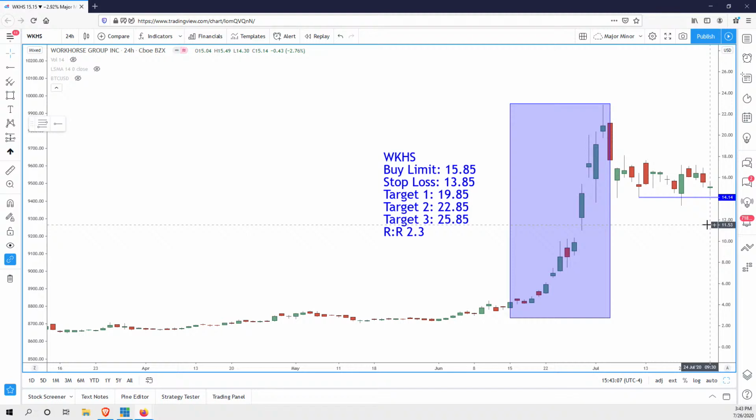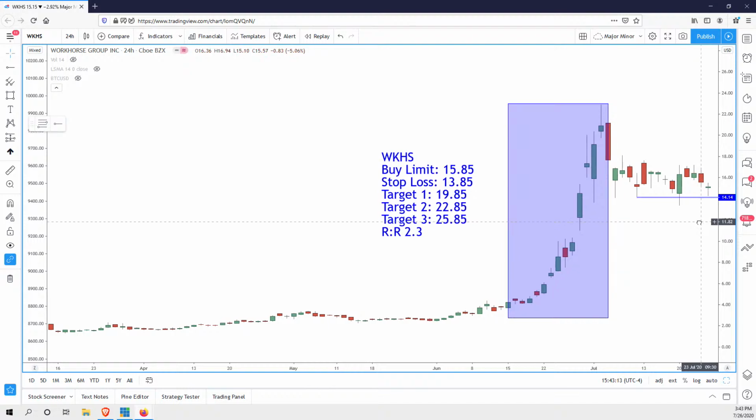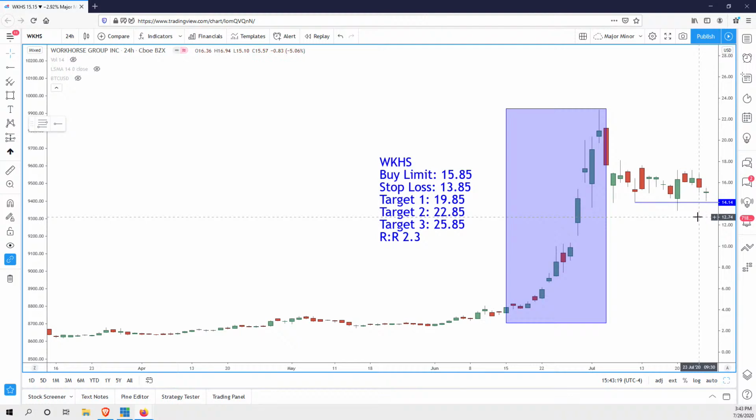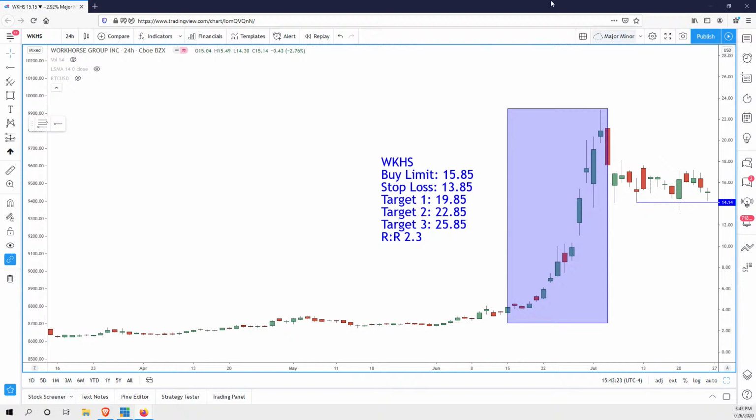Now, I'm not going to sit there and call it bearish because it can still fake out and give us another higher low, slightly lower. But the first sign of the trend change is the break of the key support, and then followed by a lower high, which we're going to talk about, higher lows and lower highs, momentarily.